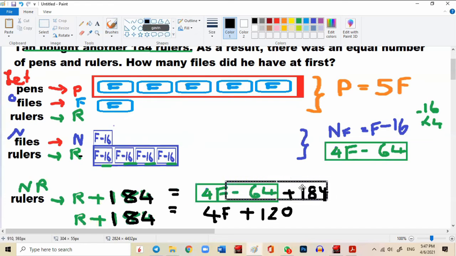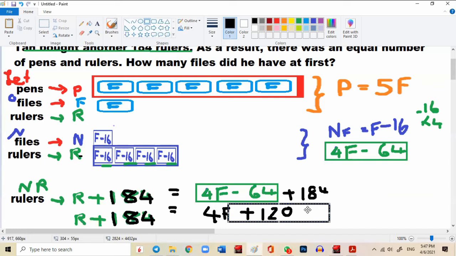Do you know why I need to add 184? Everybody understand or Gavin understand? Because it's not R was equal to this. Then you go add 184 here, then this guy also need to add 184. Yes, when you add that, minus 64 plus 184 will become what? 120. Lisha, understand or not? Yes.